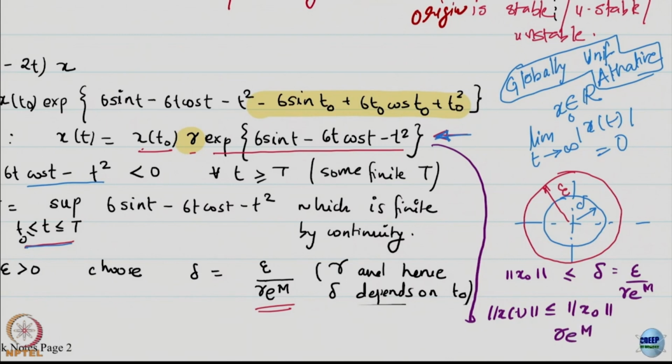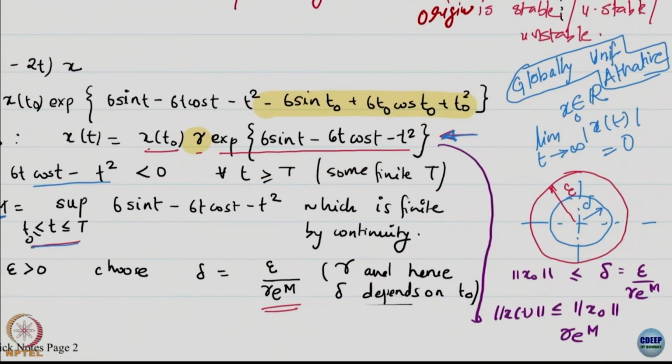Everybody understands this, right? I am just breaking the absolute value into norms, therefore I get a less than or equal to. I retain x0 and gamma as such. This is the exponential of this term, but the largest value it can take is e to the power m. So, just plug in for delta here.